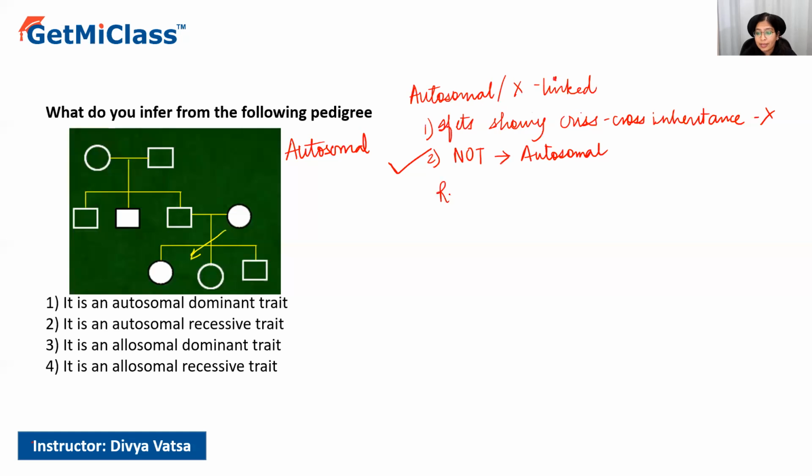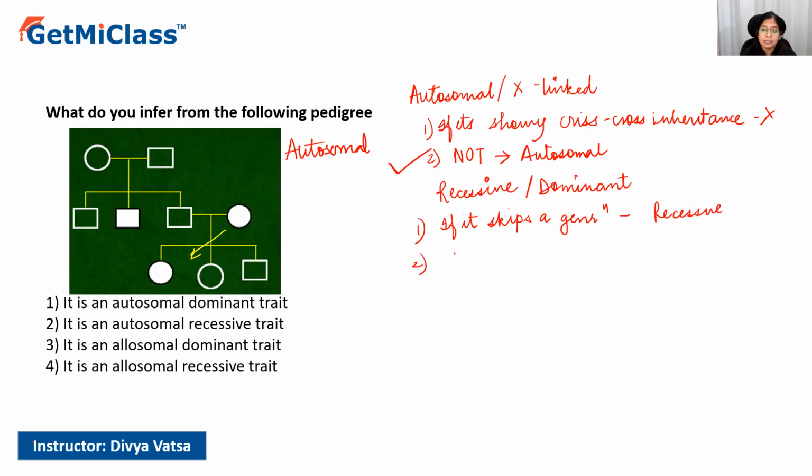Now, how do we find out whether this pedigree is a recessive pedigree or a dominant pedigree? There are two rules for it. If it skips a generation, then it is recessive.